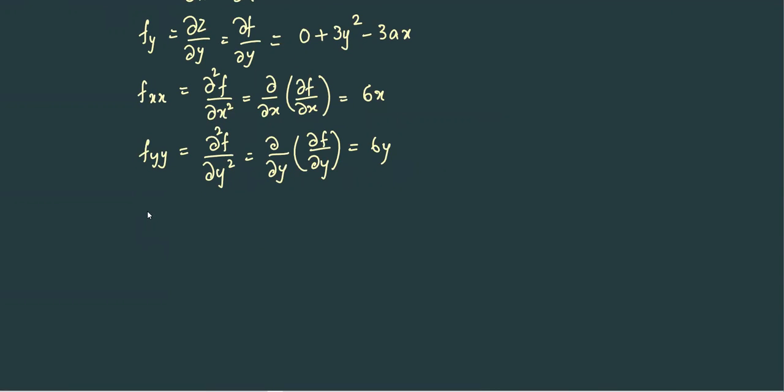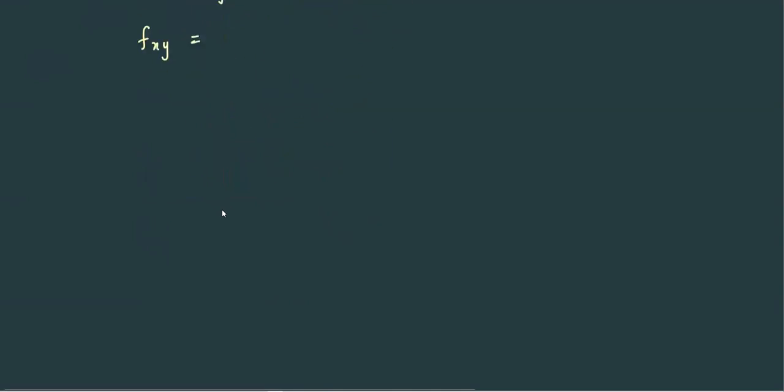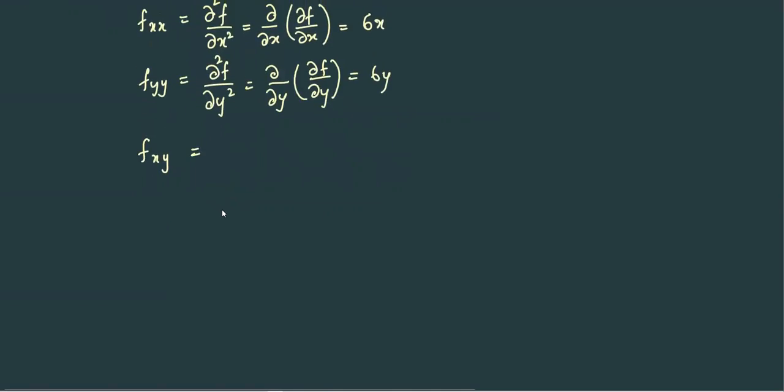And then fxy, differentiating. So fxy is dou square f by dou y dou x. It is dou by dou y of dou f by dou x.